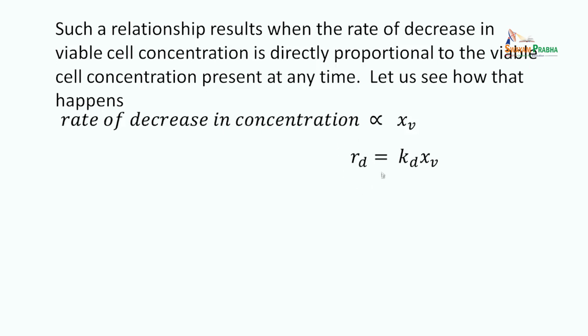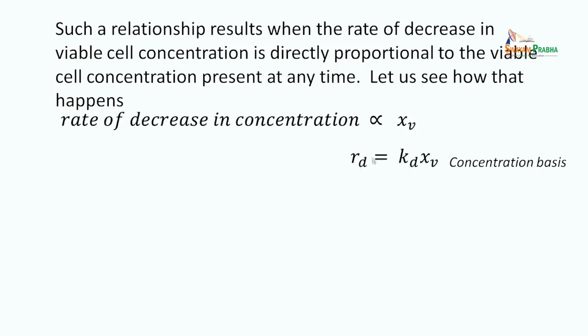If we call the rate of decrease in concentration R d, since it is proportional, we can replace the proportionality by an equal to sign, and here we need to multiply x v with a constant. Let us call this constant k d. You might be familiar with this kind of a first order expression in your earlier courses. So, we are using a first order kind of a representation here.